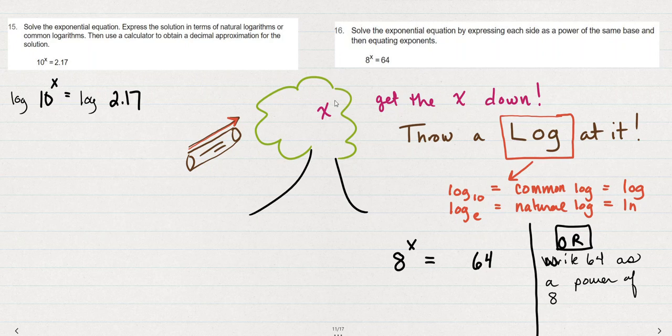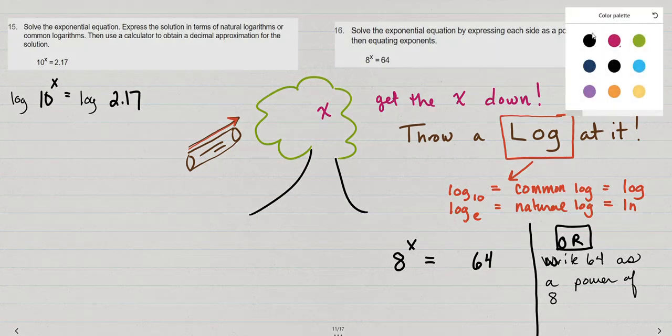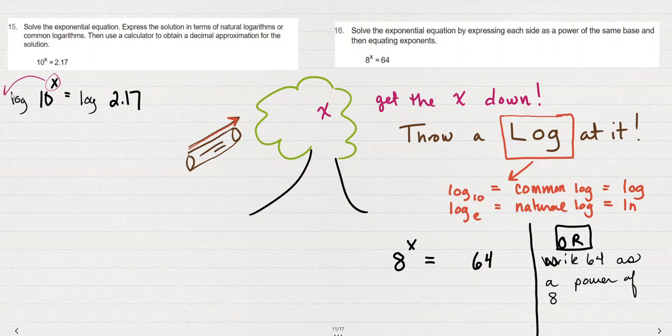So when the x is up as the exponent, when the missing piece is an exponent, or in other words, when we're trying to find the exponent, what we can do is throw a log at it. So when I throw the log at it, what happens? That x falls right out. So I'd have x log base 10, common log of 10, equals log 2.17. Well, log of 10 is just 1.